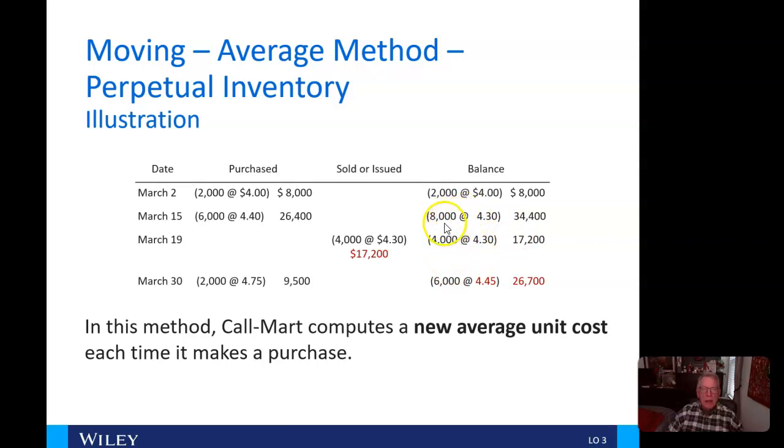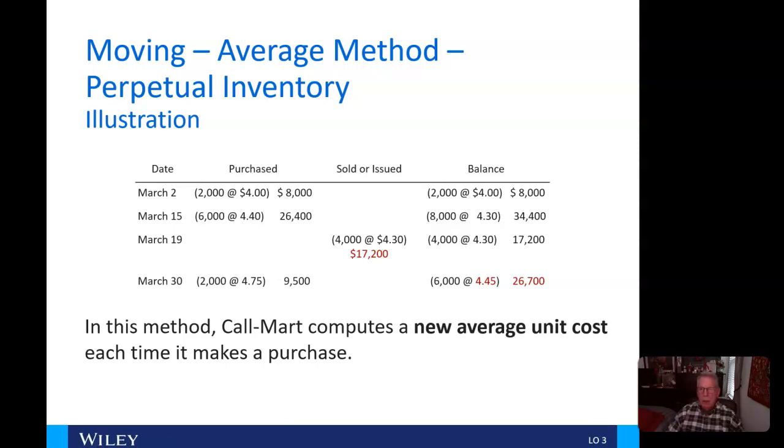So in that case, we have an average cost of $4.30 here. I guess you can see that Walmart is going to compute a new average unit price each time it makes a purchase.